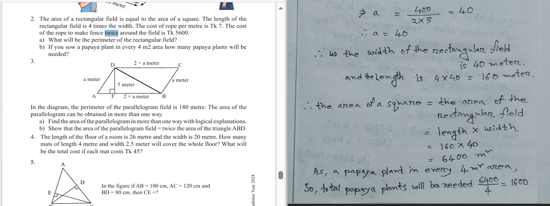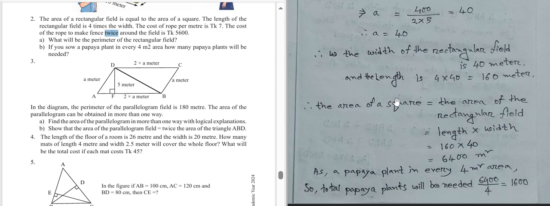There is also information in the stem that the area of a square is equal to the area of the rectangular field. So the value 6400 square meter is the area of a square.